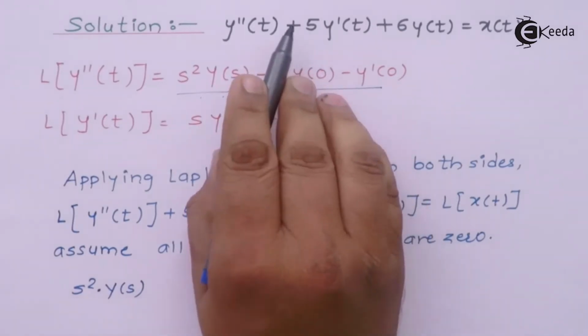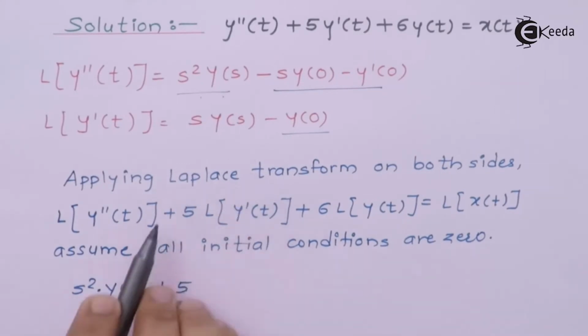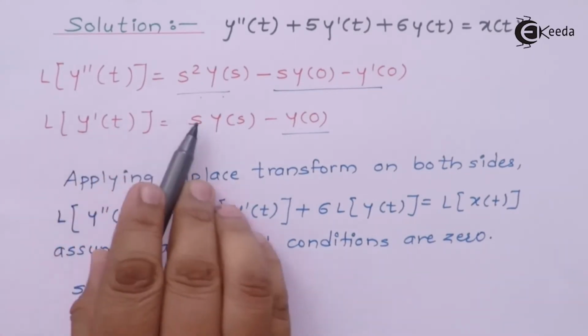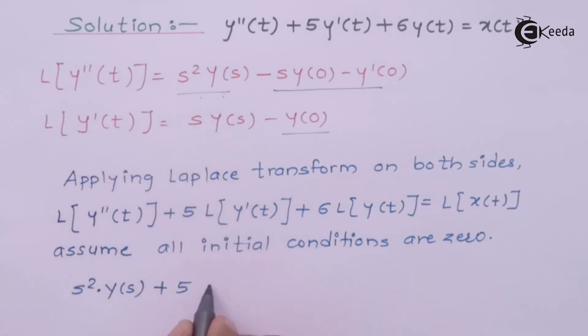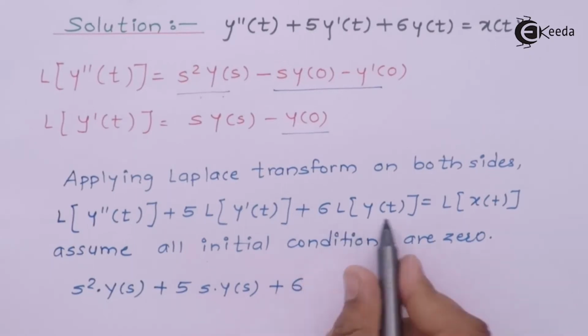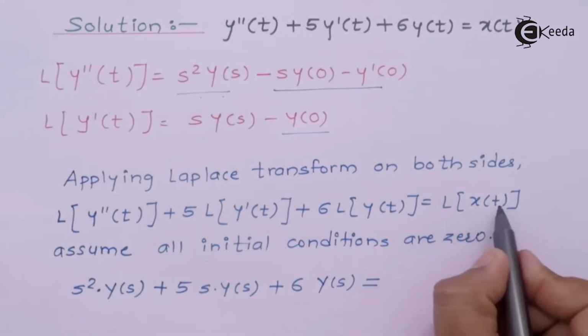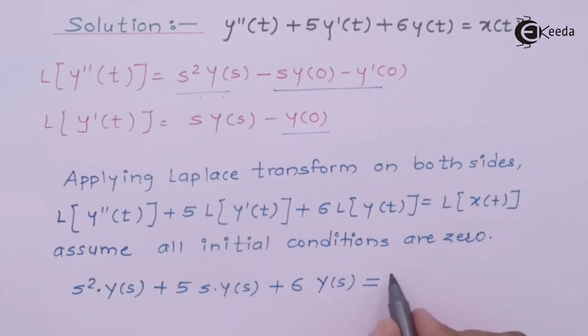Next we have plus 5 times the Laplace transform of y dash of t, which is s y of s. Then 6 times the Laplace transform of y of t, which is y of s, equal to the Laplace transform of x of t, which is x of s.